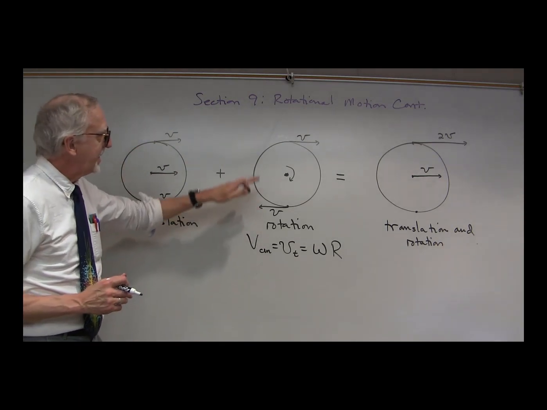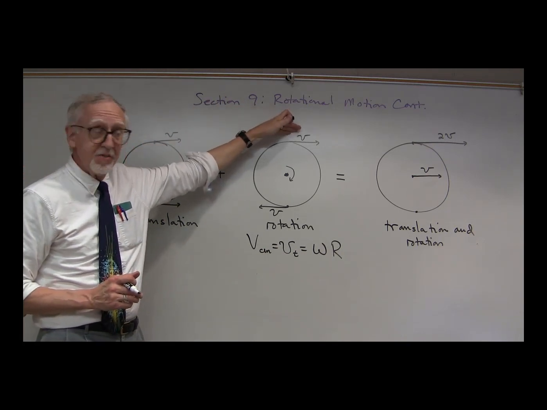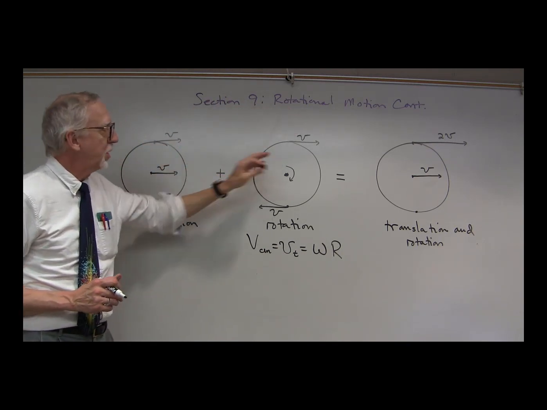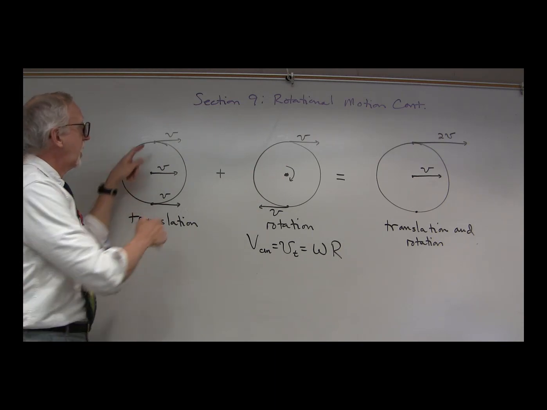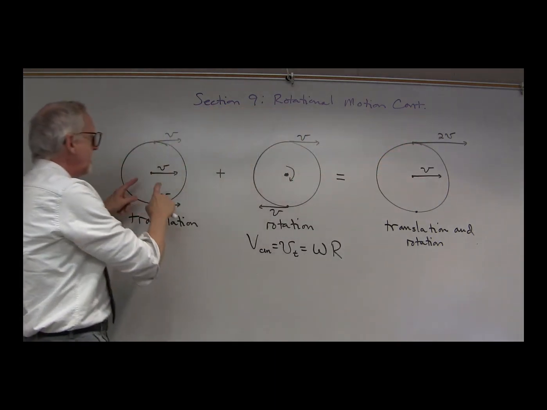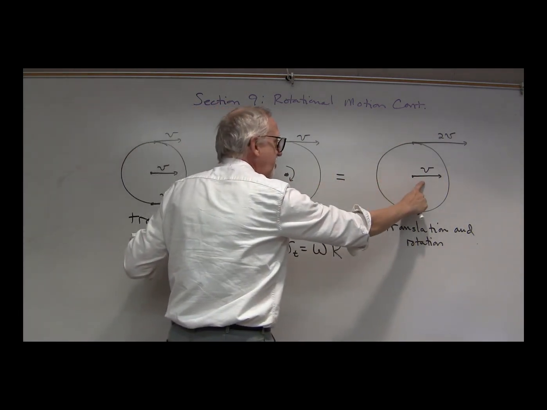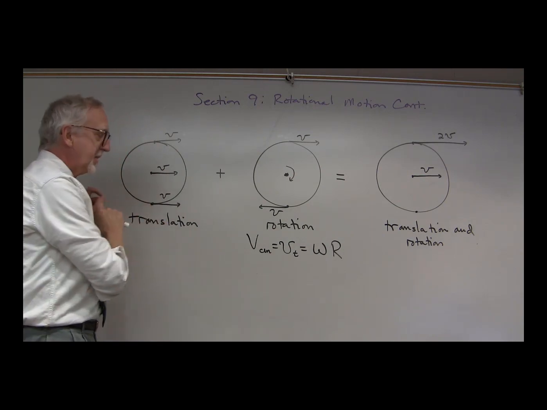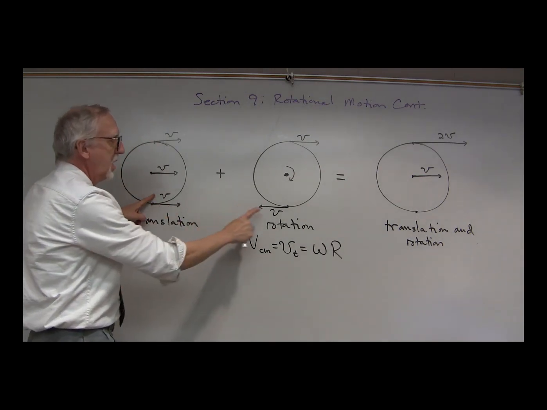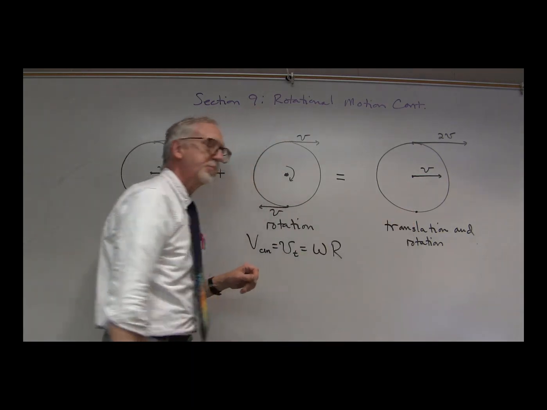And so, in that case, let's put these together. So this v, let's assume, is the same as that v. If we add these two motions together, what happens? Well, we'll have at the top, v plus v is 2v. For the center of mass, we have v plus 0 is v. And for a point at the bottom, we have v plus negative v gives us 0.